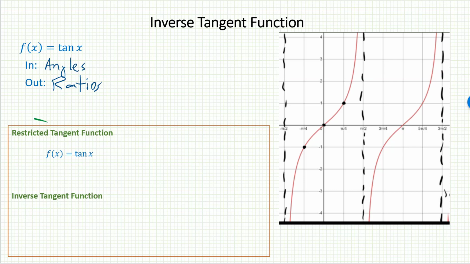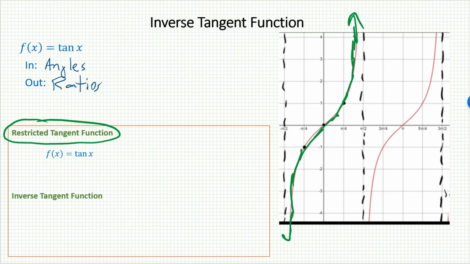So I will need to create the restricted tangent function. I need to find some section of this graph that does pass the horizontal line test. I'd like to pick the biggest piece that I can. Basically, as long as I just pick one of these cycles between two of the asymptotes, I will have a section that passes the horizontal line test.